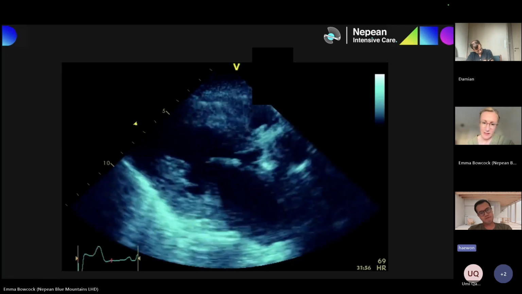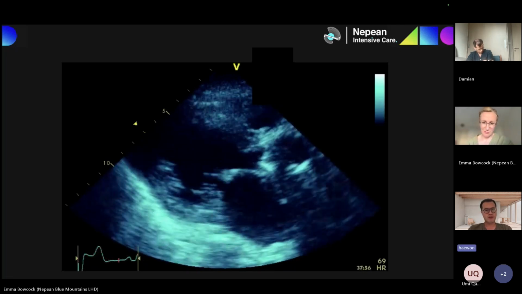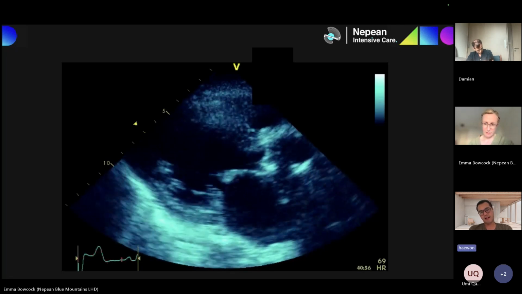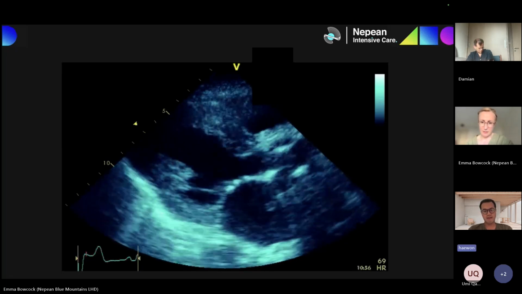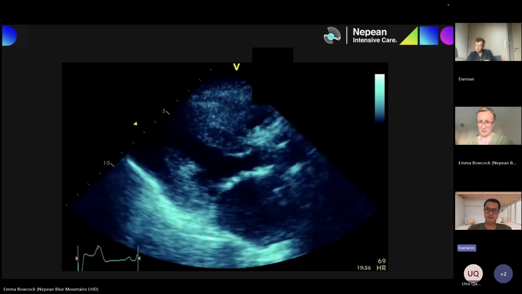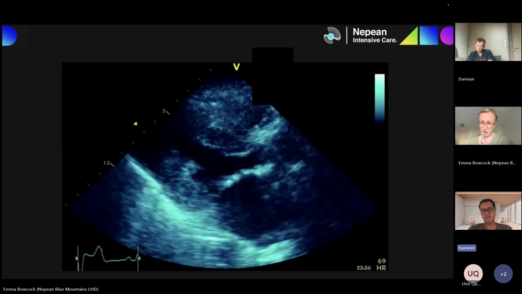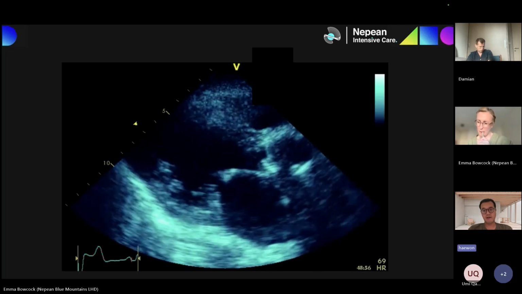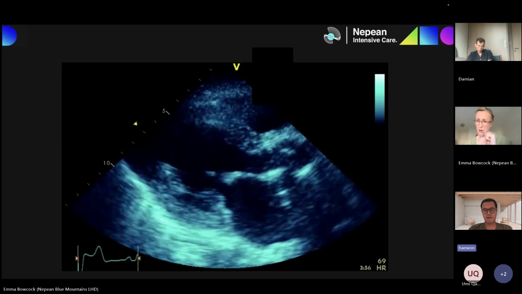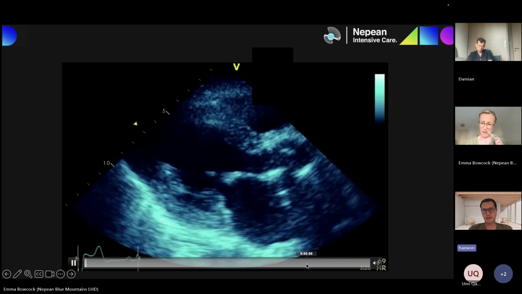Mitral valve, the anterior leaflet appears a bit thickened, perhaps with some restricted opening. The aortic valve appearance is consistent with a bioprosthesis. I can't see much of the ascending aorta, but there's nothing to suggest a dissection flap on this view. The other thing I should mention is the LA looks significantly dilated.